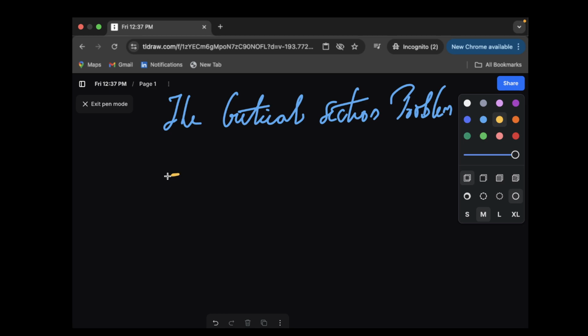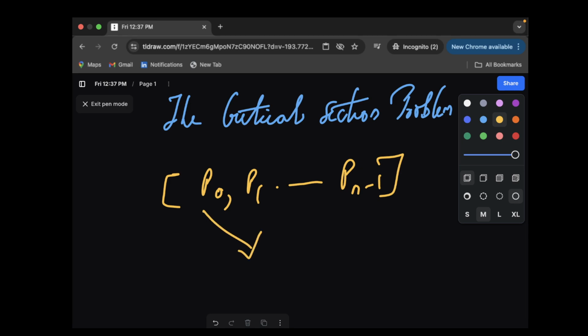Let's have an array of processes: P0, P1, and up to P of n minus 1. Each of these processes has something called a critical section.